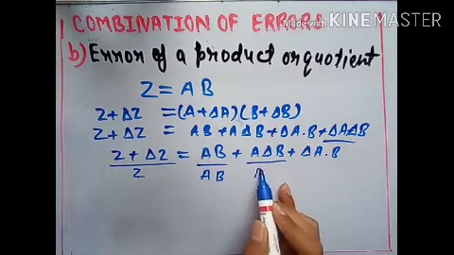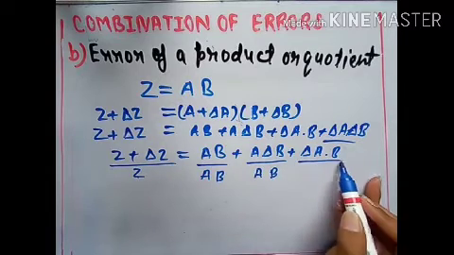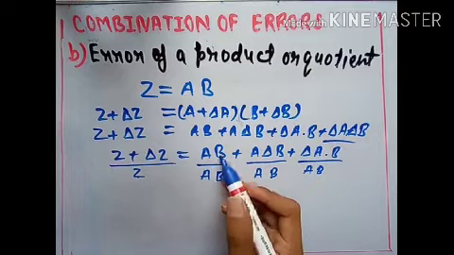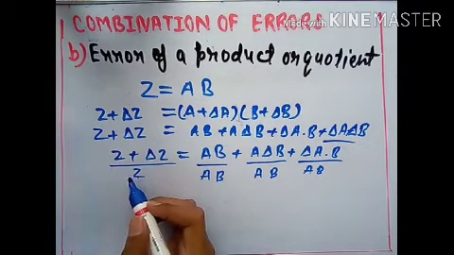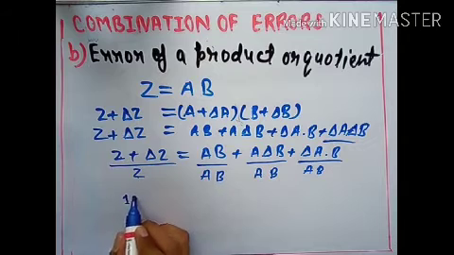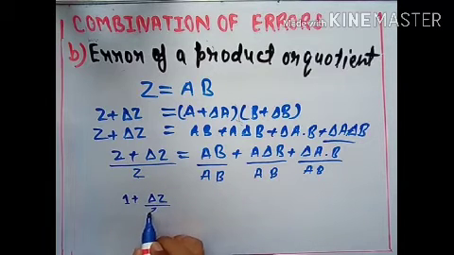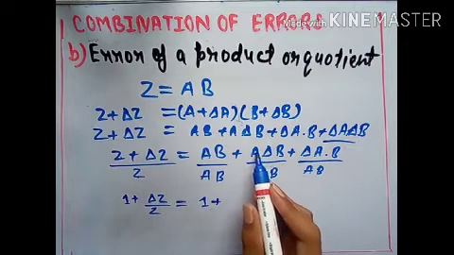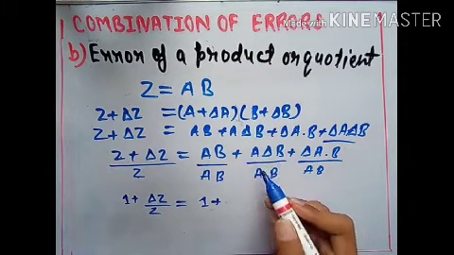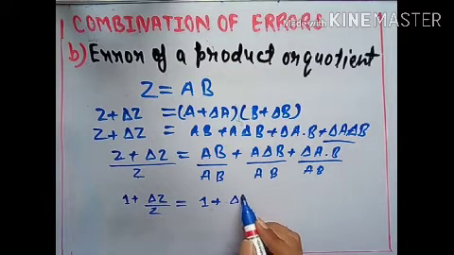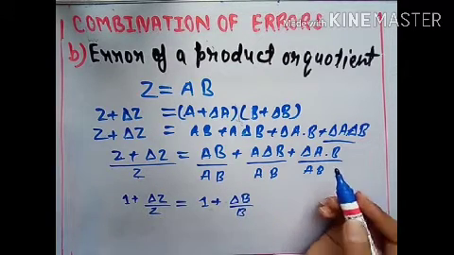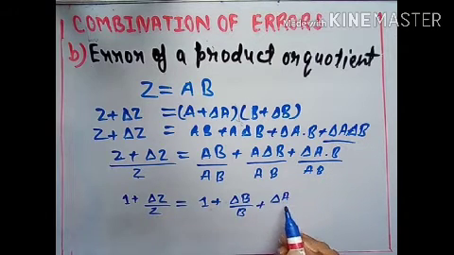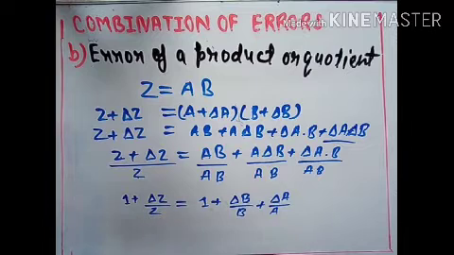Now ab cancels and becomes 1, z cancels and becomes 1, so this becomes 1 plus delta z upon z is equal to 1 plus, you can cancel a and a, so remaining delta b by b, and here you can cancel b, so remaining delta a by a. Note down in your copy.